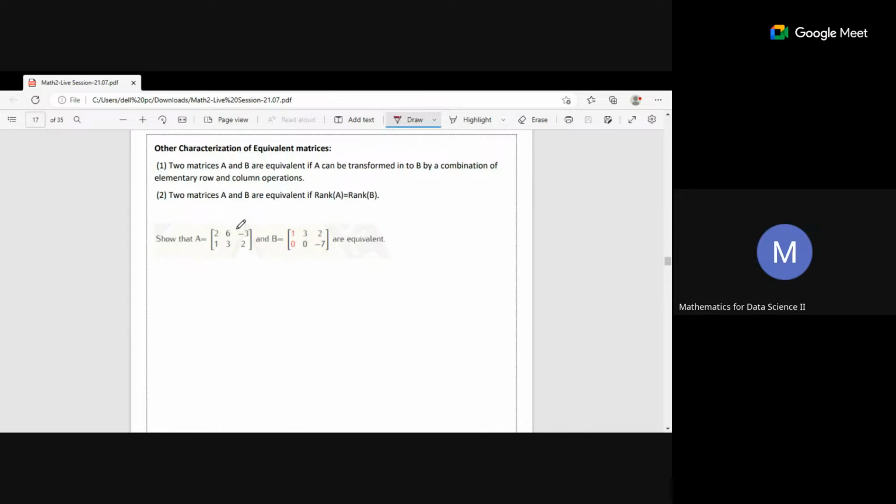Now using this characterization, you can use any of the characterizations. Can you check whether these two matrices given here are equivalent or not? Whichever property you want, you can use. So what is the rank of A?